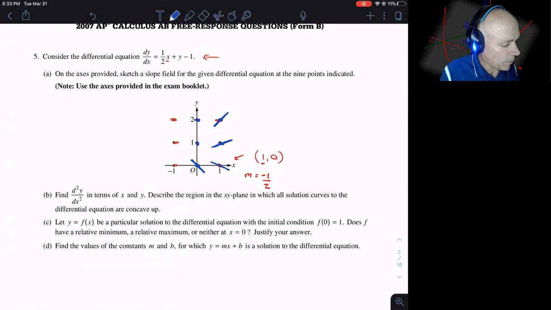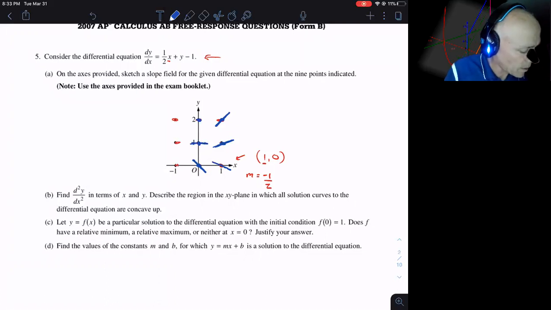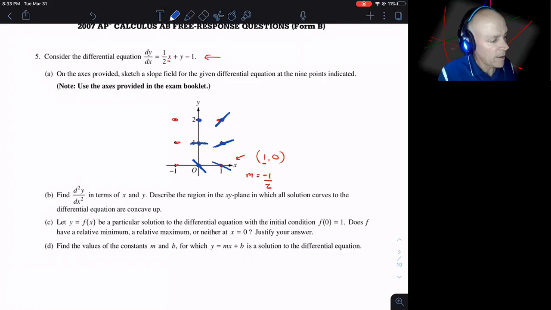The one right above it has coordinates 0, 1. I plug that in, and that's just going to have a slope of 0 plus 1 minus 1, so a slope of 0, just a horizontal tangent line right there. And then this one right above it has coordinates 0, 2, so that's going to have a slope of positive 1.